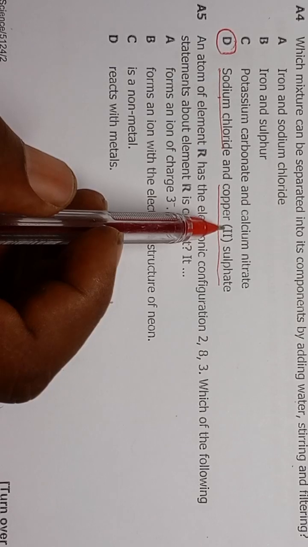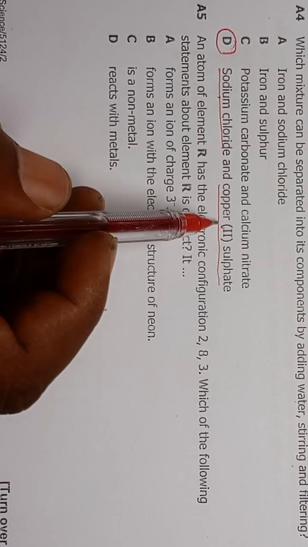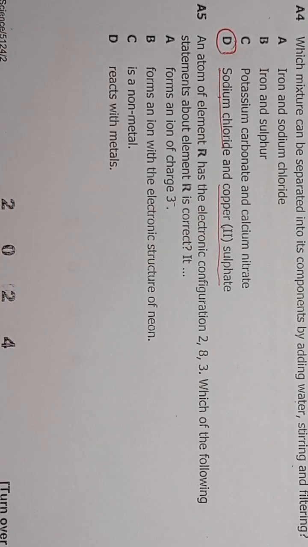Copper(II) sulfate, on the other hand, is also soluble in water, but forms a blue solution. So in this case, copper(II) sulfate can be separated from the liquid solution containing what? Dissolved copper(II) sulfate. So that is the reason.